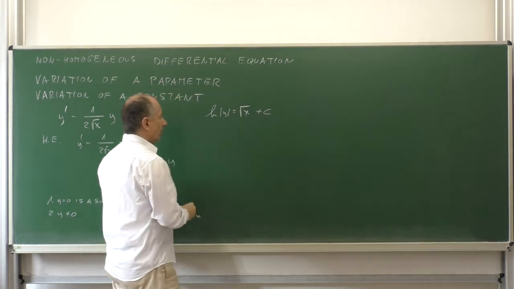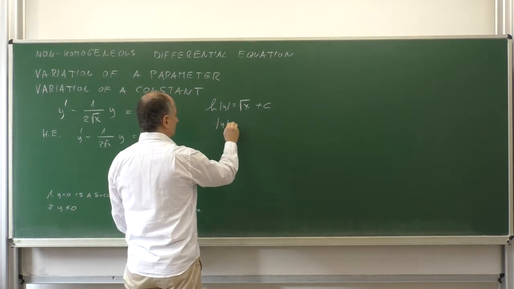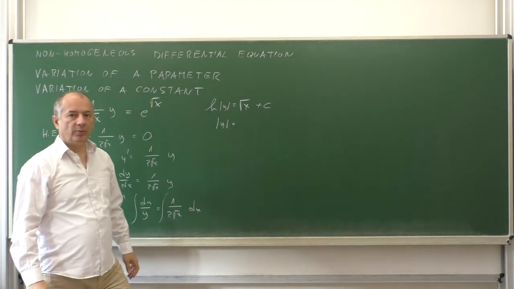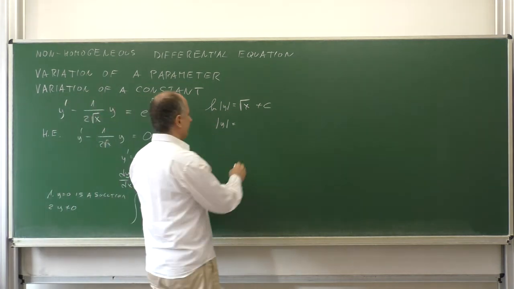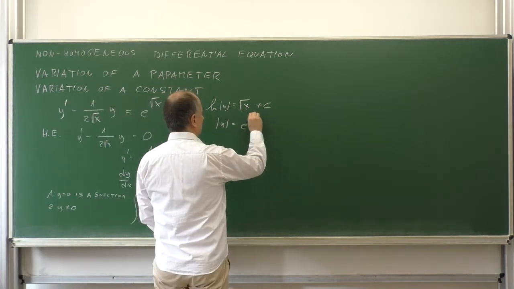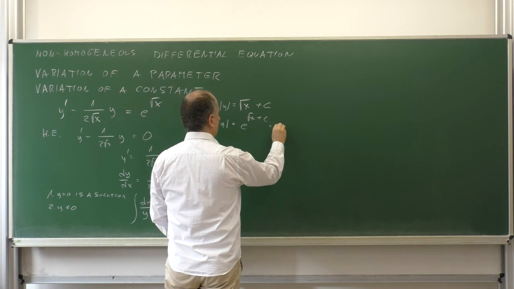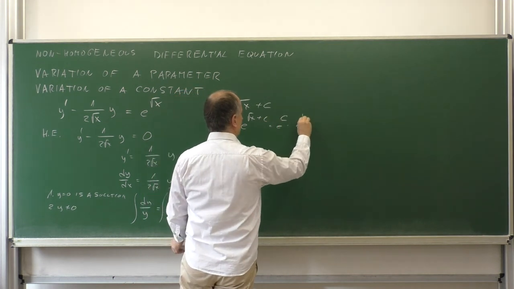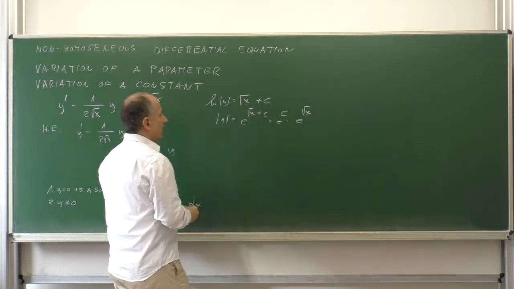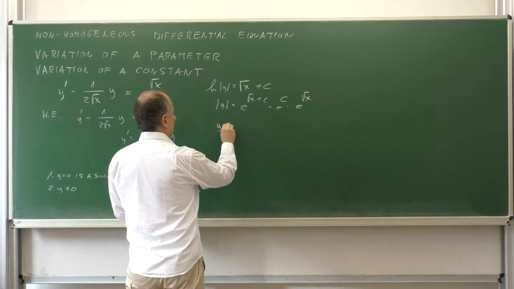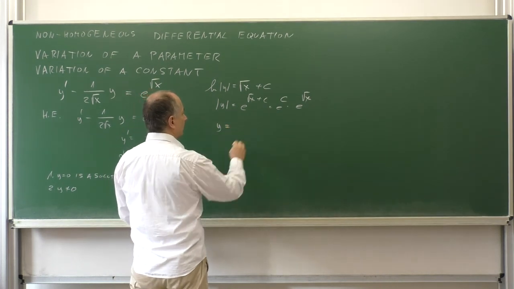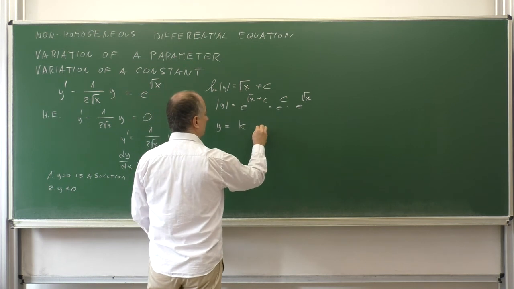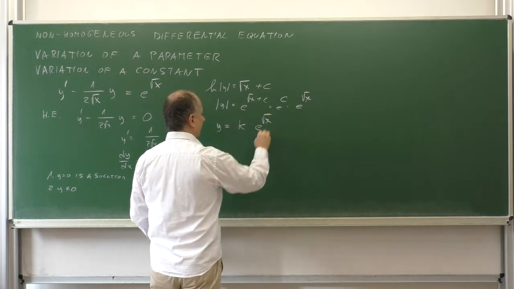plus c. Then, if we apply the exponential function to get rid of the logarithm, we have e to the 2 square root of x plus c, which is e to c times e to the 2 square root of x. And then we can write the solution as the constant times e to the 2 square root of x.